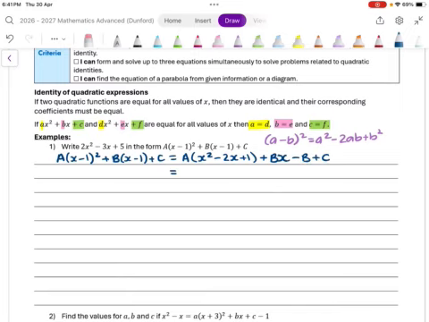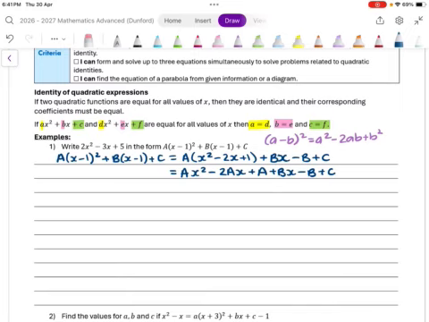I'm now going to expand in my a, so I'll have ax squared minus 2ax plus a plus bx minus b plus c. What I'm going to do now is collect my terms.